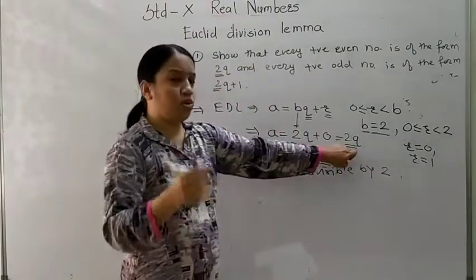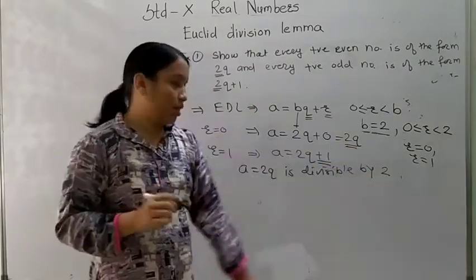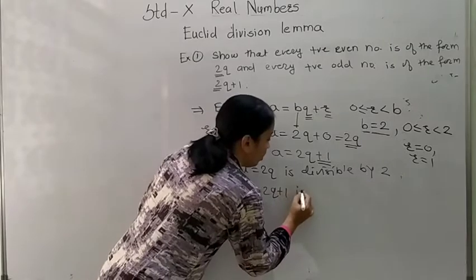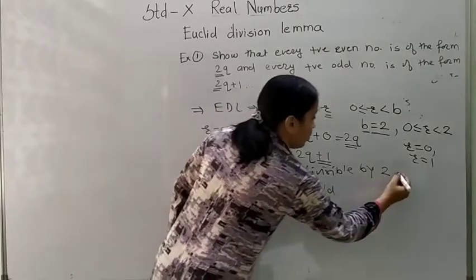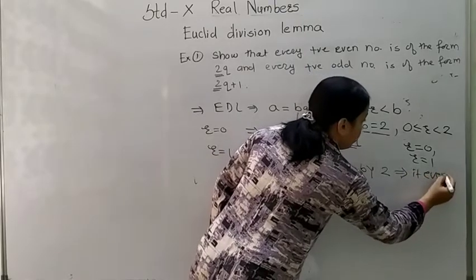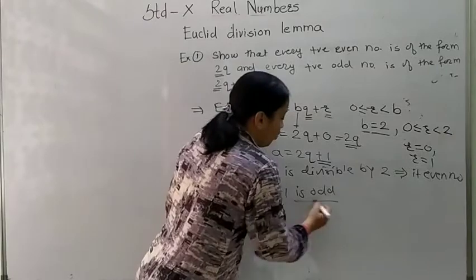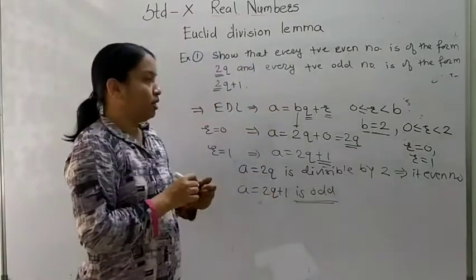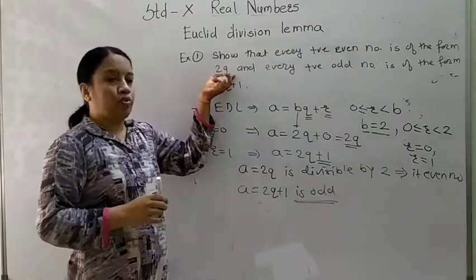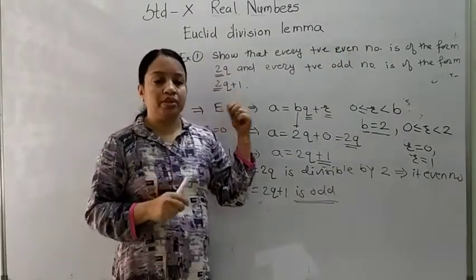If you take 0, 1, 2, 3, every time you will get 2q as an even number, and a is equal to 2q plus 1 is odd. This implies that it is an even number, and if you add 1 to an even number, it is always an odd number. Hence we prove that every positive even number is always of the form 2q and every odd number is always of the form 2q plus 1.